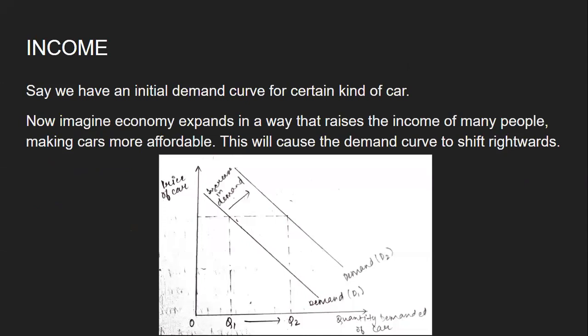First variable is income. Let's start this with an example. Say we have an initial demand curve for a certain kind of car. Now imagine the economy expands in a way that increases the income of many people, which makes cars more affordable for them. This will increase the demand for cars, leading to a rightward shift in the demand curve, representing an increase in demand.